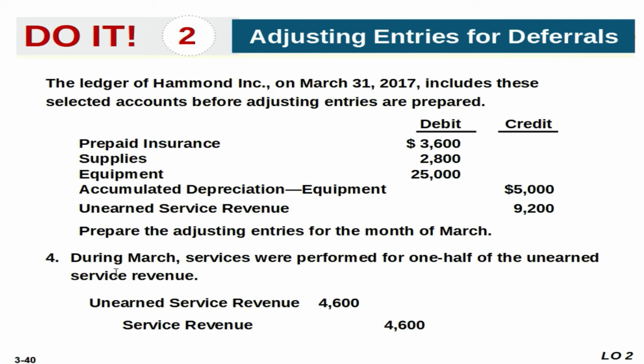In this case, we are going to fulfill the service, and we fulfilled one half of this service. So it would not be fair to list a liability for the whole $9,200 because we don't owe the full $9,200 any longer. We only owe these people half of that, which is 4,600. Simple math: 9,200 divided by 2 is 4,600.